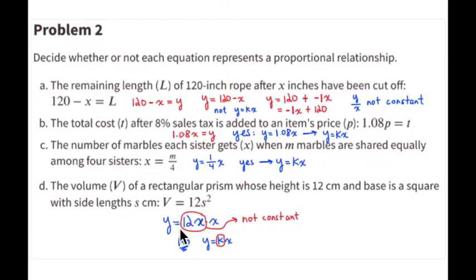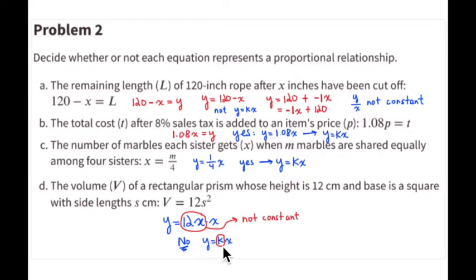So I can kind of get this close. If I change the volume to y and the side length to x, I can write this as 12x times x. This is the area right here, x times x, but that is not constant. See how this 12x is going to change with each value of x. So it's not a proportional relationship because you cannot get this in the form of y equals kx.